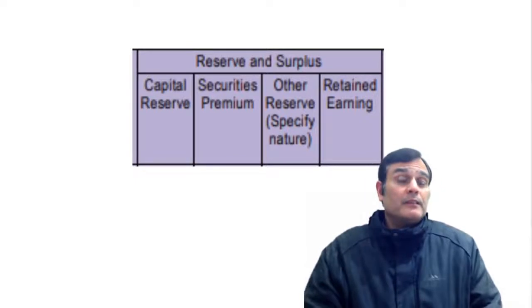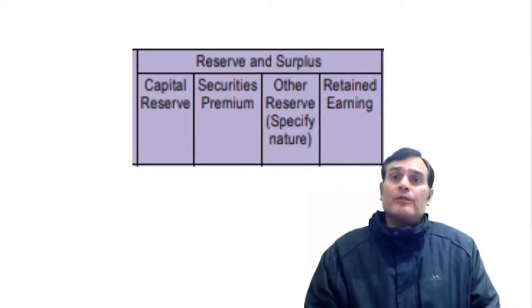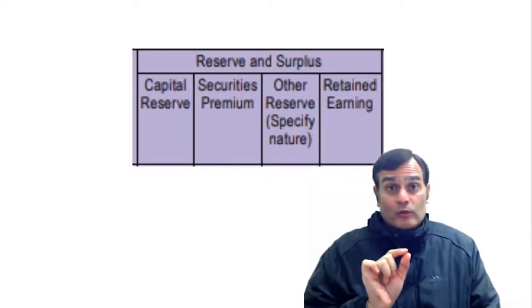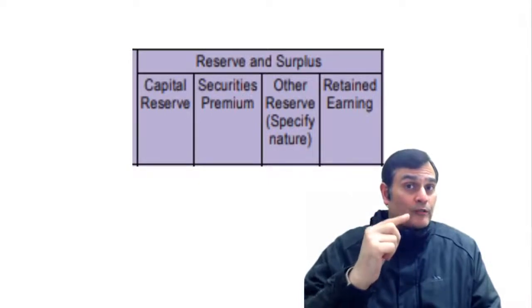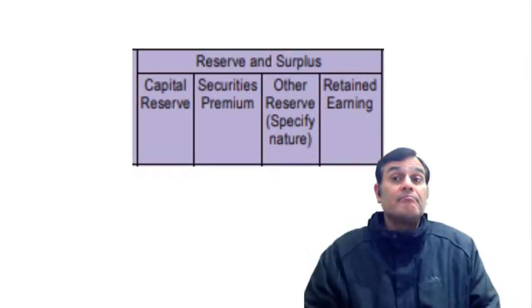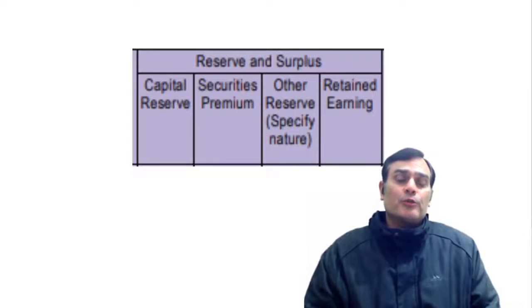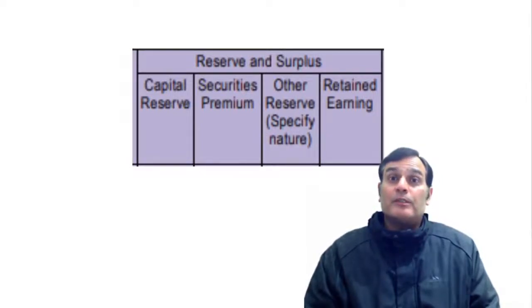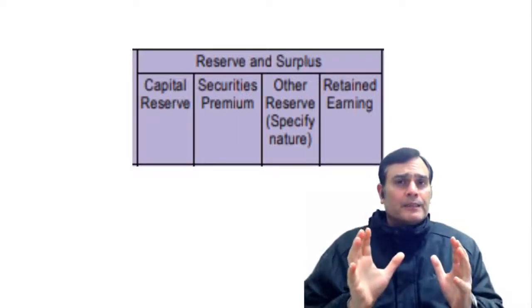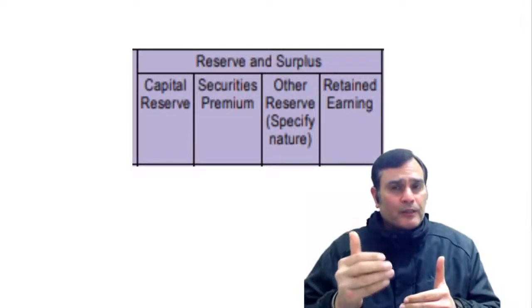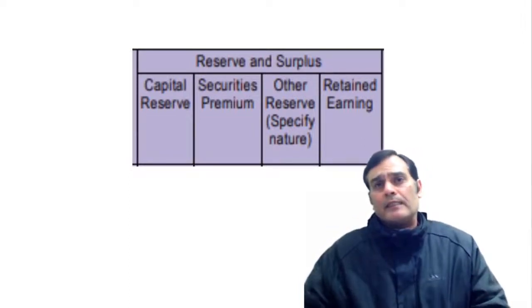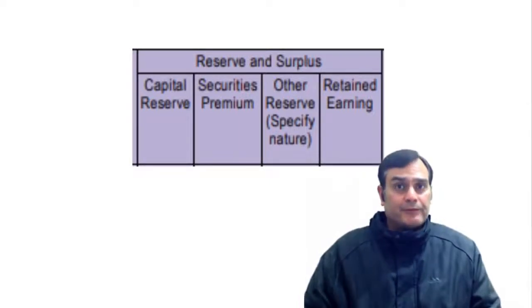If you remember, in the previous video I was talking of the profit and loss and said it comprises the total comprehensive income, point number 15, which is the sum total of 13 plus 14. This retained earnings reflects whatever is coming from point number 13. So tab number 2 holds items coming from point number 13 of the profit and loss, or certain items like capital reserve, security premium, etc.